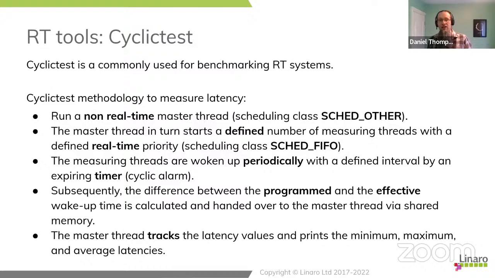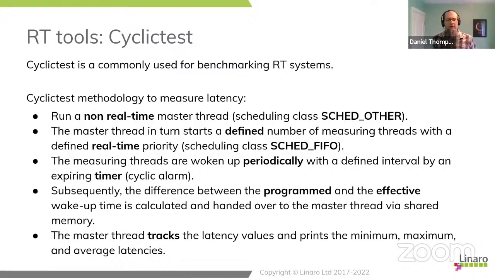So cyclictest is one of the fundamental mechanisms that we use to benchmark real-time systems and get this broad brush stroke of which preemption mode we think is going to be right for the system we're building. You've essentially built this. It was one of the exercises from last week. So it basically creates a thread that starts a defined number of measurement threads that run at real-time priority, SCHED_FIFO.